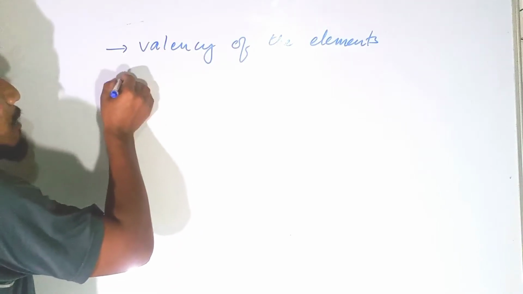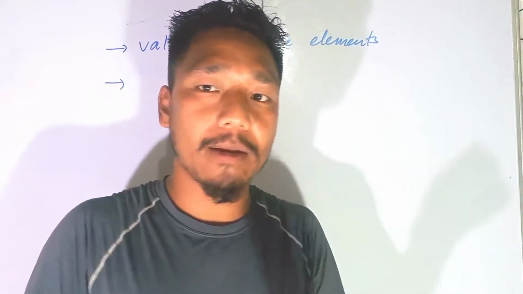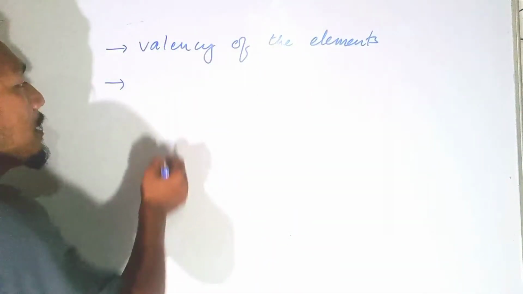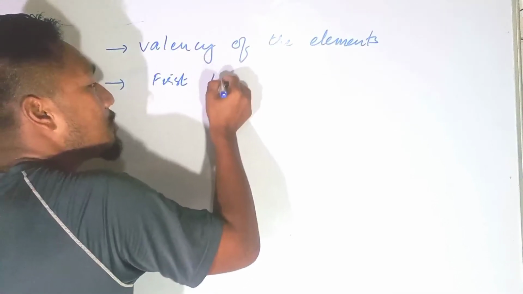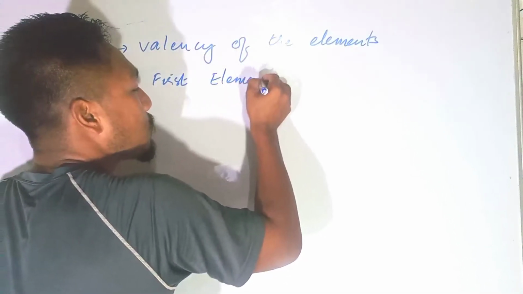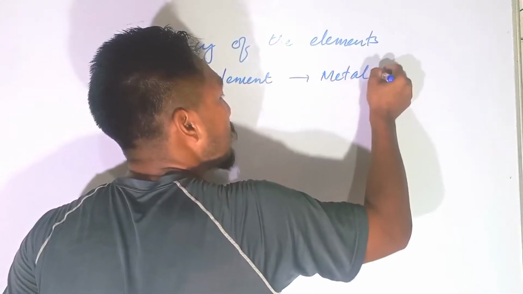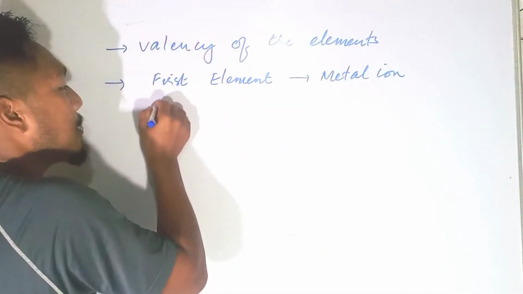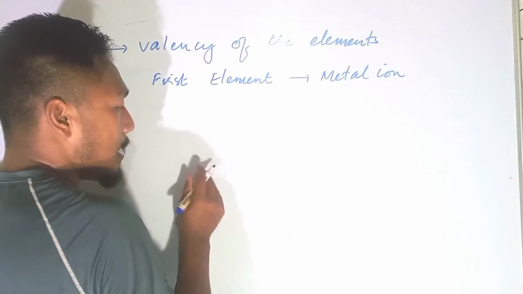Second, whenever you are writing, if there are 2 elements, the first priority goes to the metal or metal ion.